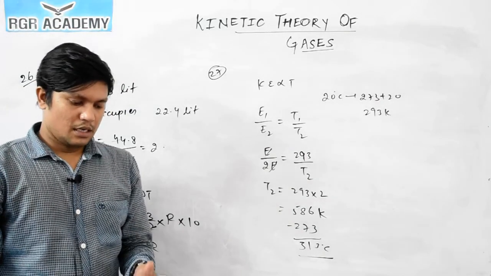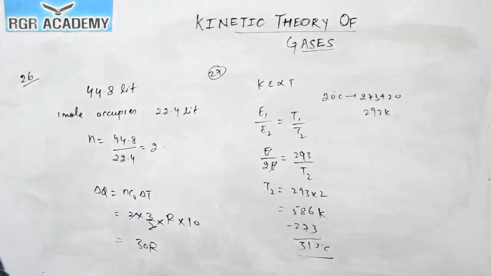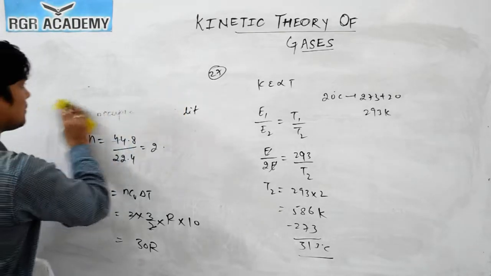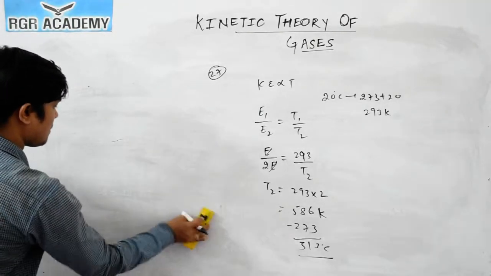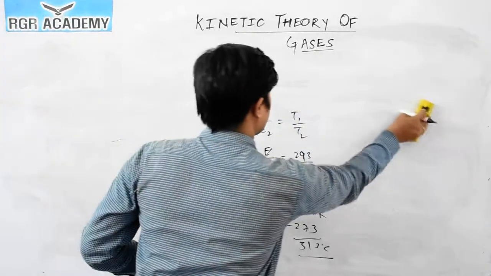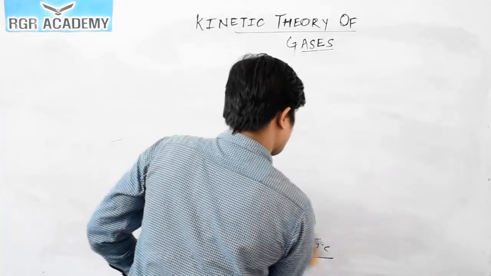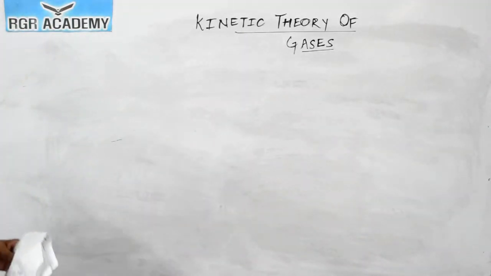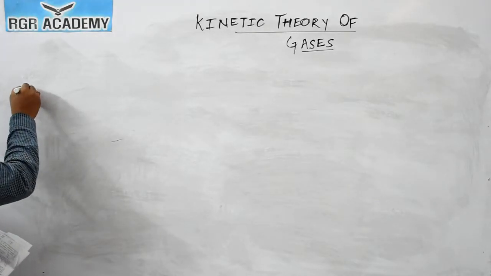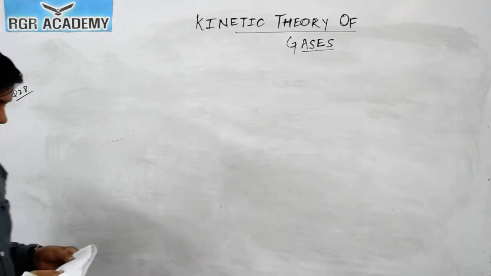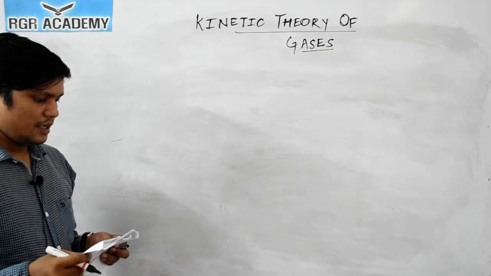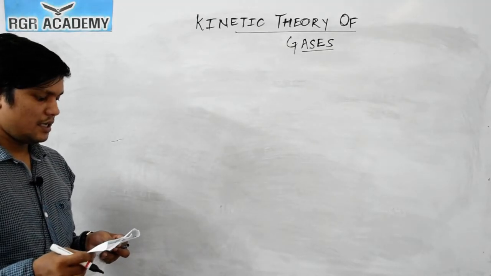Now question number 28. What they've given is that the air density at Mount Everest is less than that at sea level.